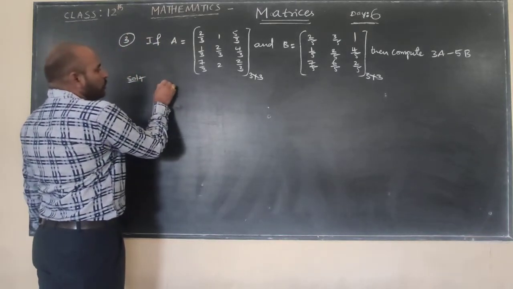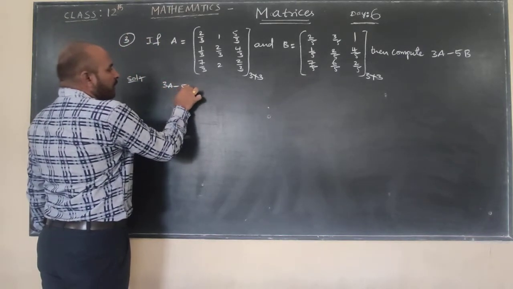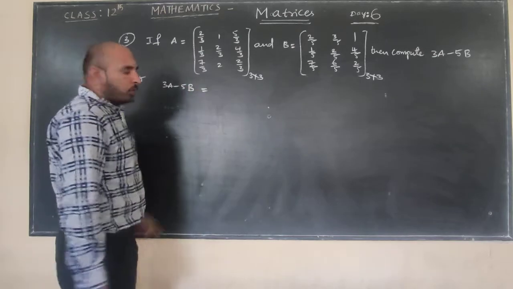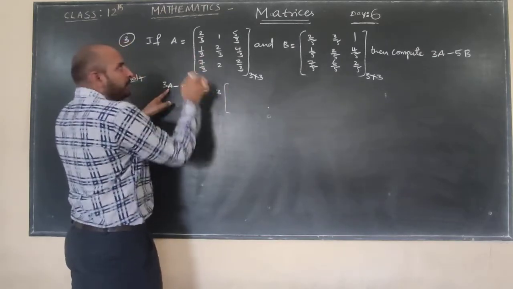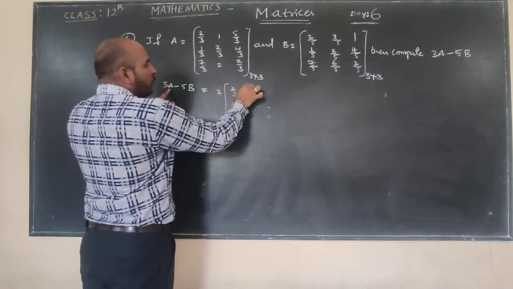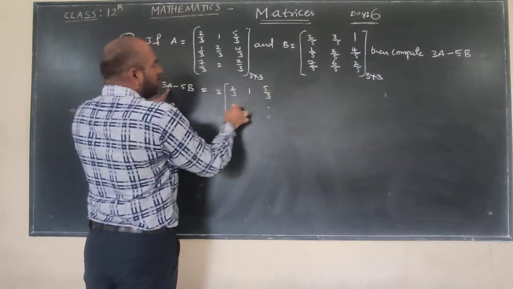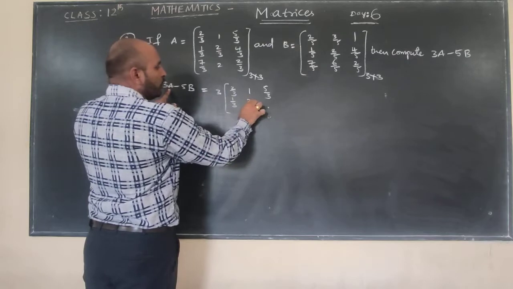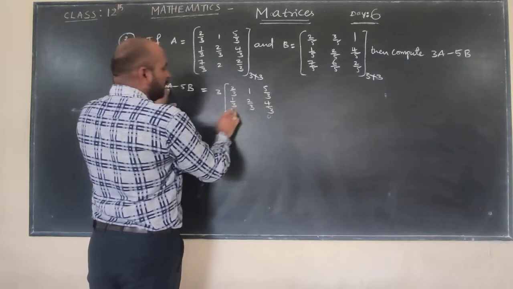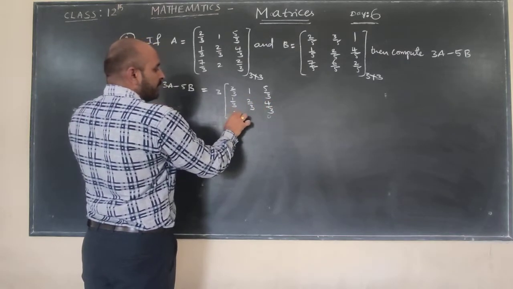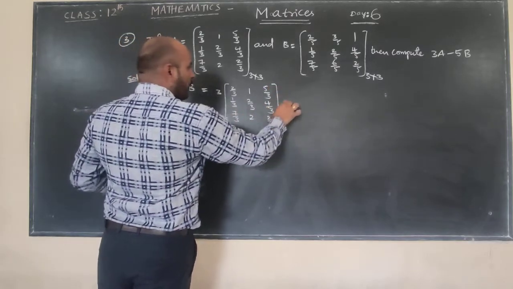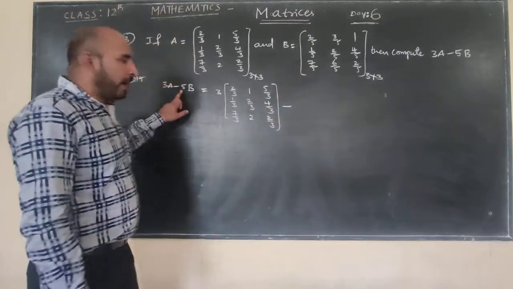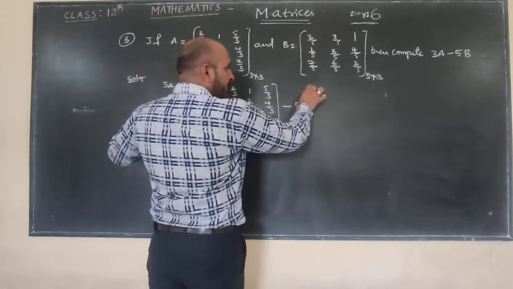So now 3A minus 5B equals 3 into the given matrix capital A: 2 by 3, 1, 5 by 3, 1 by 3, 2 by 3, 4 by 3, and 7 by 3, 2, 2 by 3, minus 5 into the second matrix.